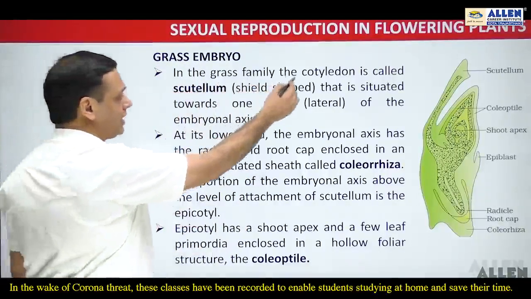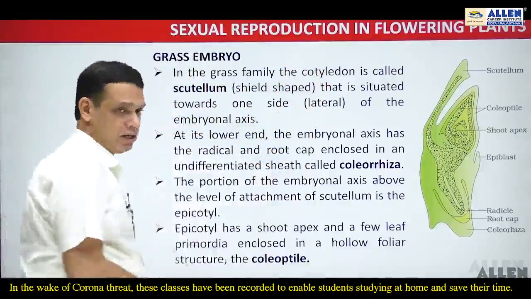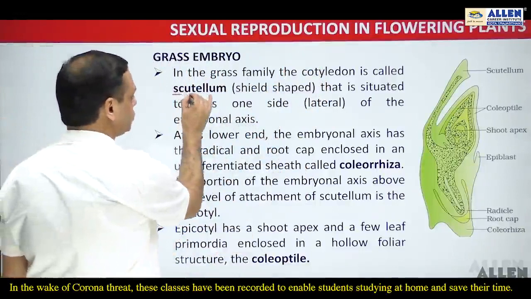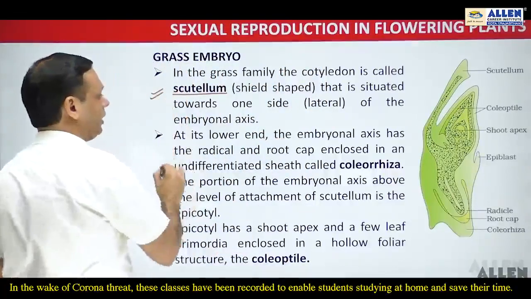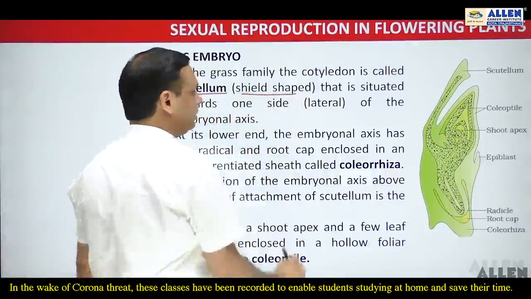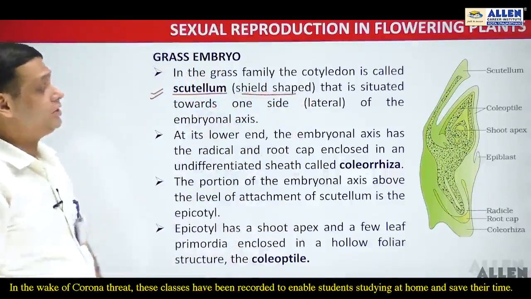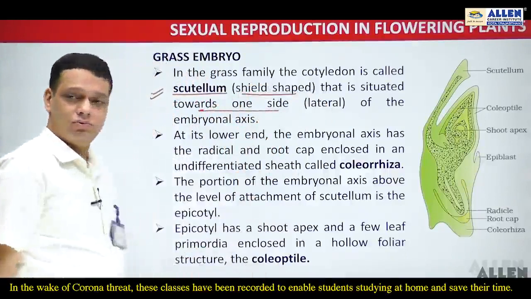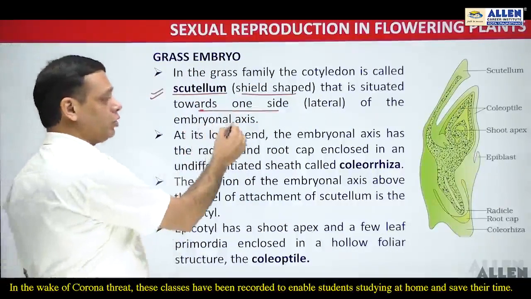In the grass embryo, as it is a monocot embryo, a single cotyledon is formed, and that single cotyledon is known as scutellum. Very important: the scutellum is thin, membranous and shield shaped, situated towards one side, the lateral side, of the embryonal axis.